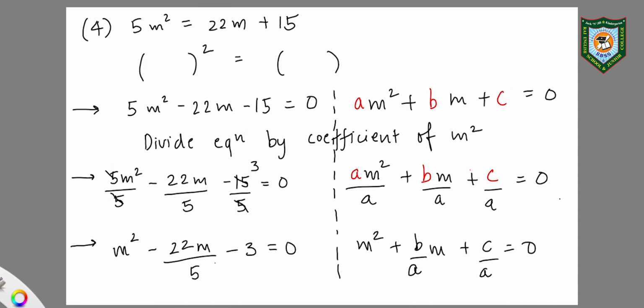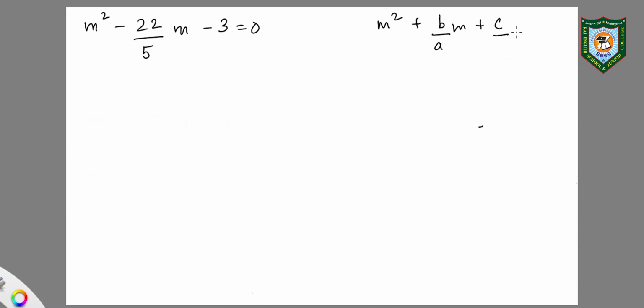Now once I get this, here's where the real concept starts. So we are going to compare these two equations. I have m square minus 22 by 5 m minus 3 is equal to 0, and here I have m square plus b by a m plus c by a is equal to 0.